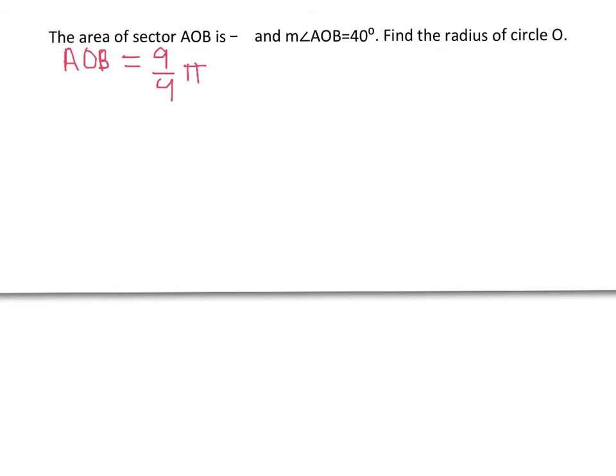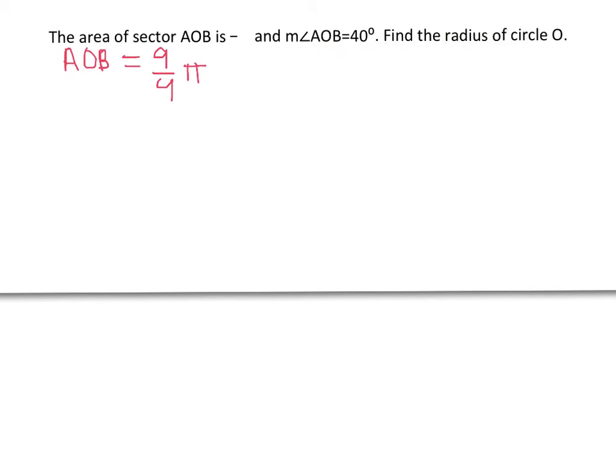Okay, so we're not going to do anything different for the formula. The formula is still the same. And that is the measure of the central angle, in this case, is 40 over 360 equals the area of the sector divided by the area of the circle.